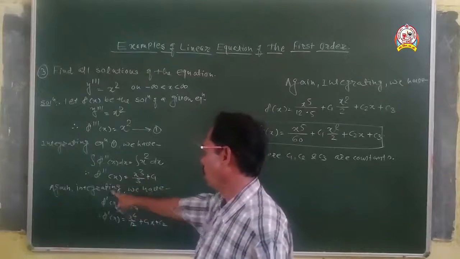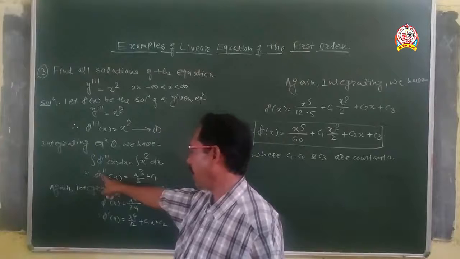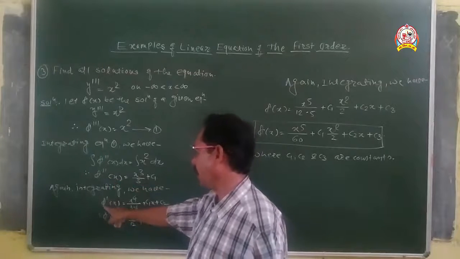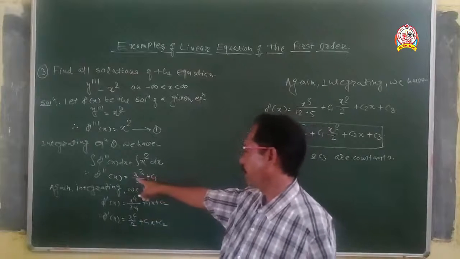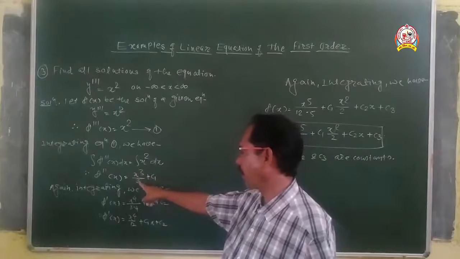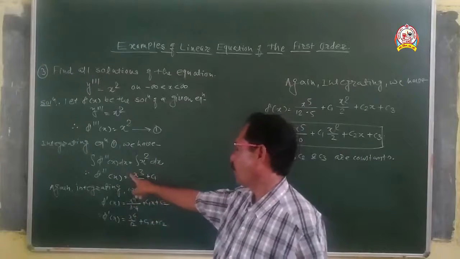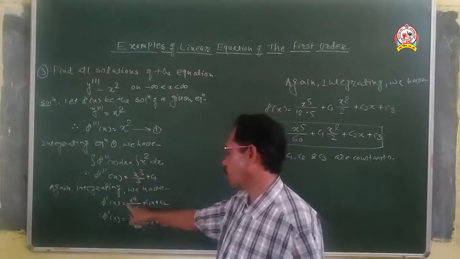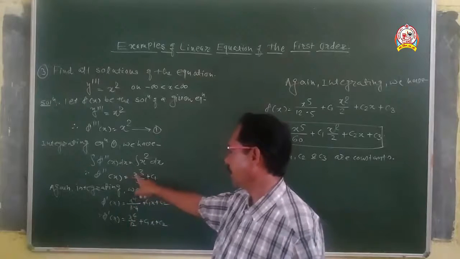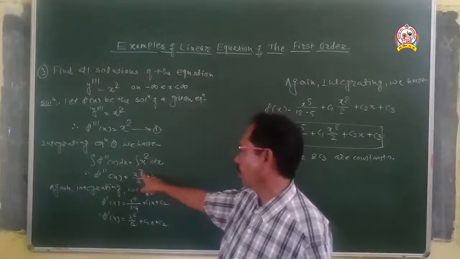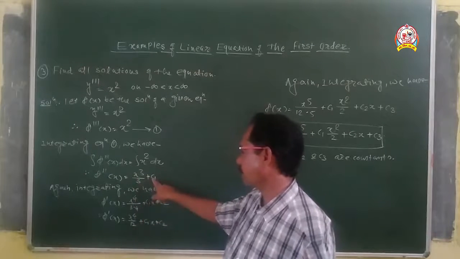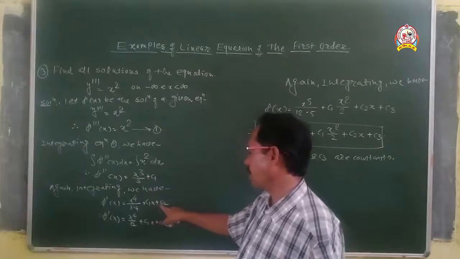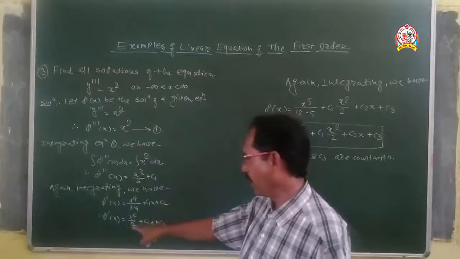We have the integration of phi''(x) is phi'(x), which is equal to the integration of x^3/3, where 1/3 is a constant, so 1/3 as it is. Integration of x^3 is x^4/4 plus c1x plus c2.